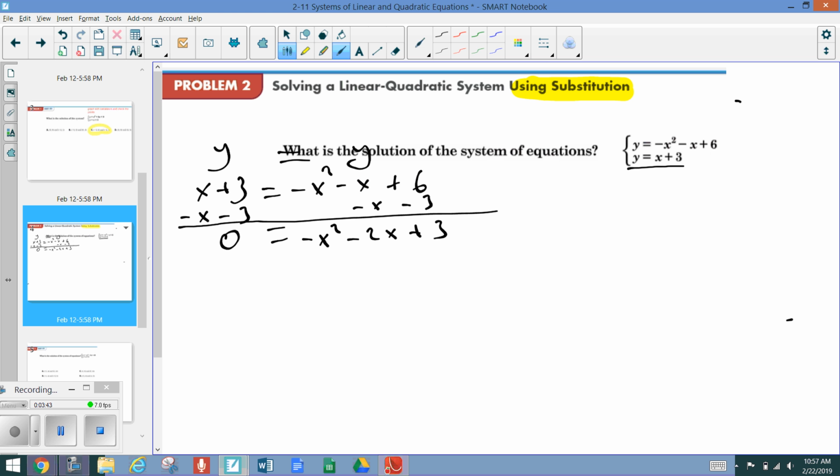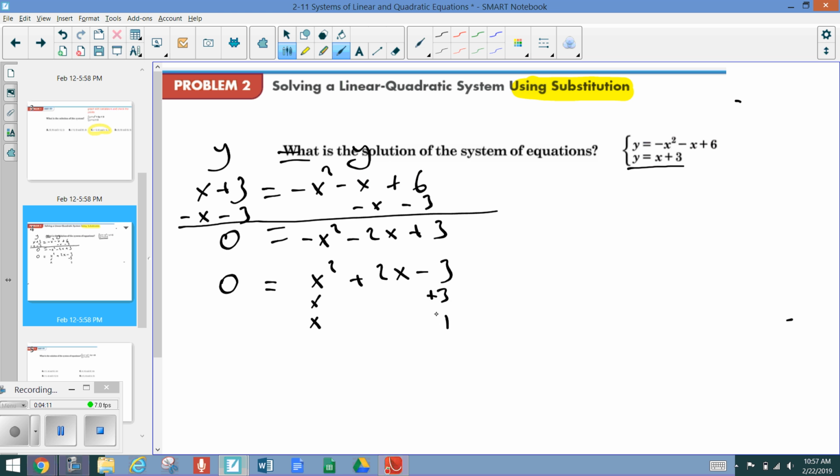Okay, now what we're going to do, you can put it into your calculator, or, I don't like negatives in the front, so I'm going to multiply both sides by negative 1. 0 times -1 is not going to change, but when I multiply everything by negative, it's going to change everything. After that I'm going to factor this one.